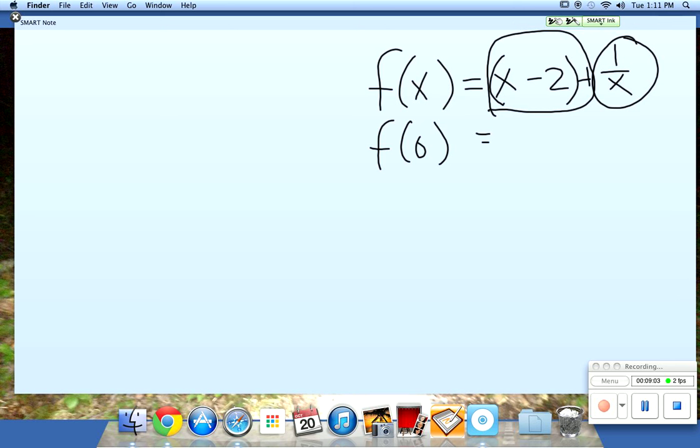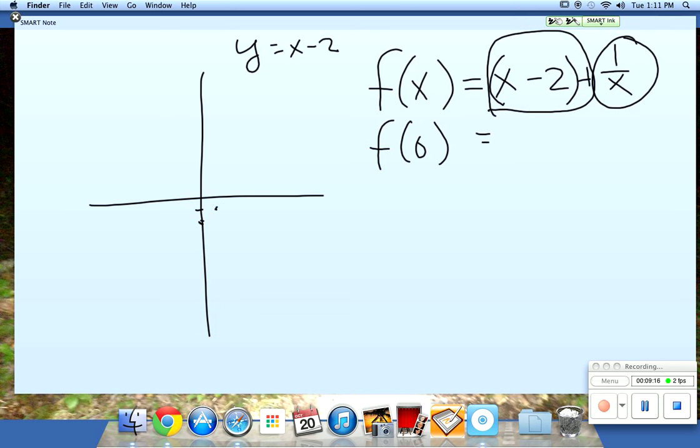So if we were going to graph this, let's just call it y equals x minus 2. If I put 0 in here, I'd be down 2. If I put 1 in here, I'd be negative 1. So I'd be like this. This would be an asymptote to this equation, which means I'll never be able to hit this point. That's called a slanted asymptote.